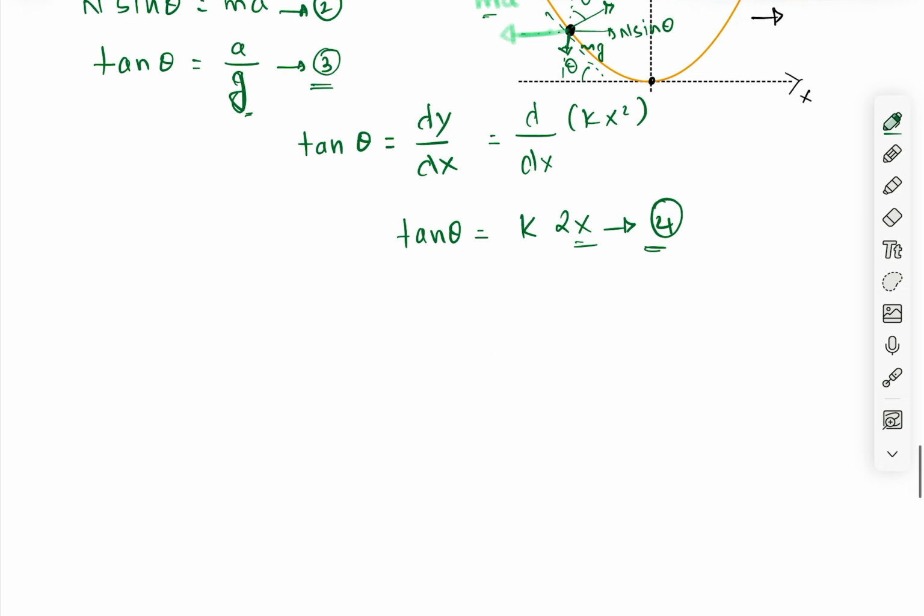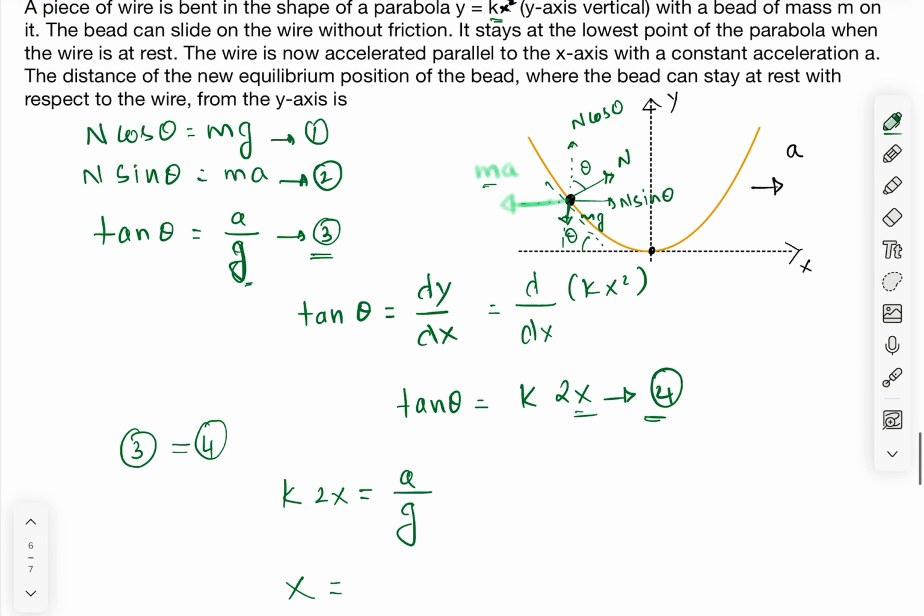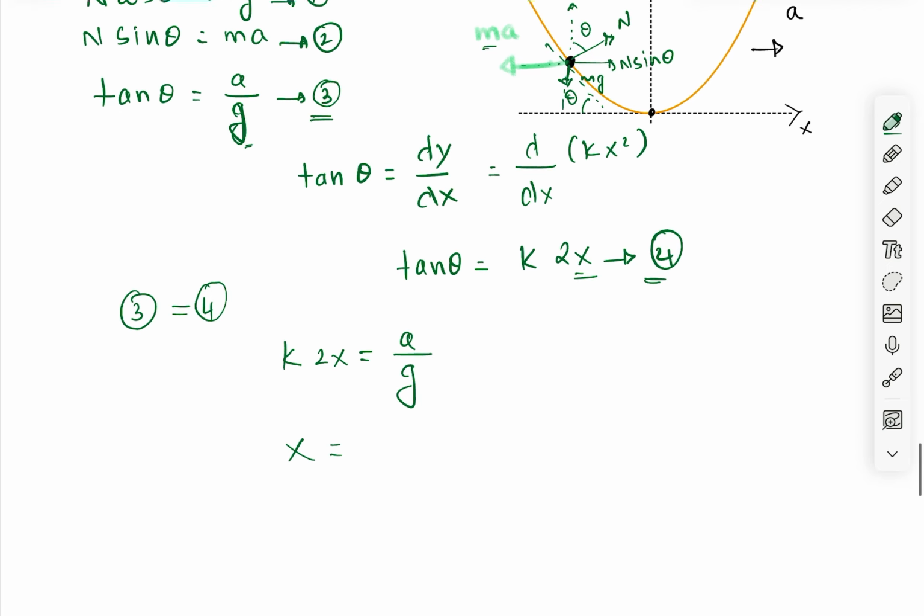By equating 3 and 4, k 2x is equal to a by g. Read the question: find the new equilibrium position from the y axis, which means what they are asking is x.